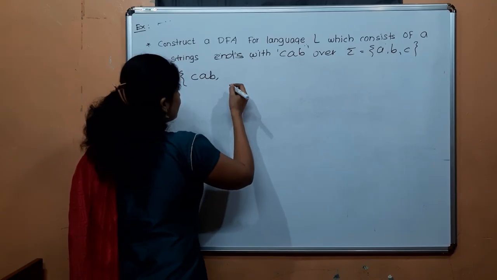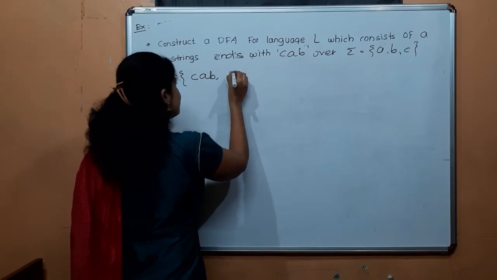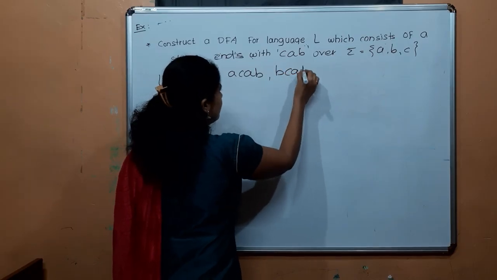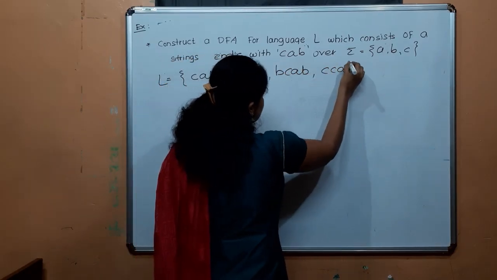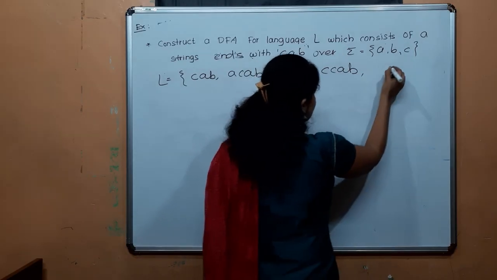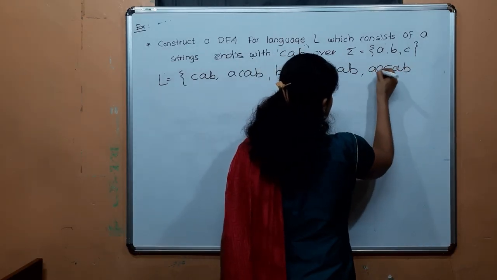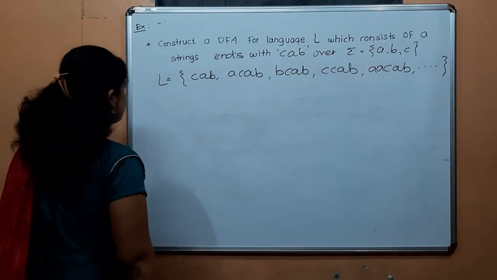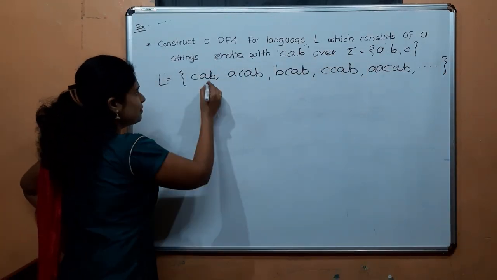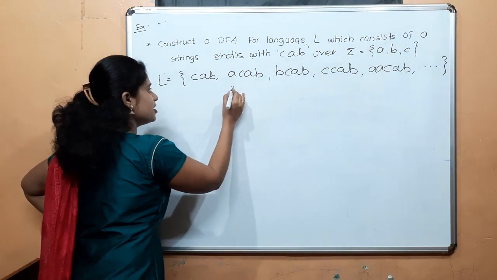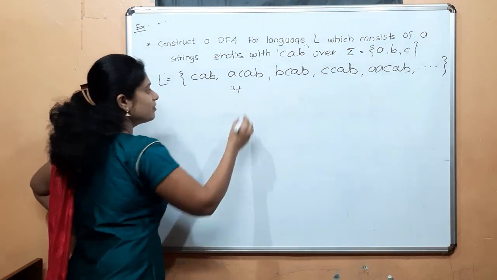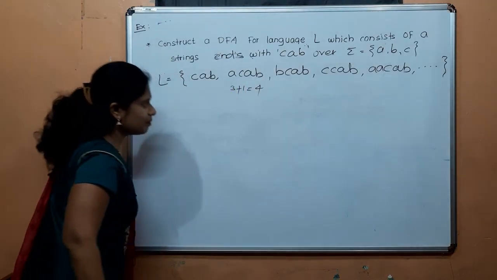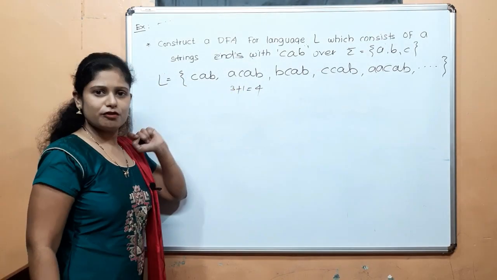So the string either starts with A or B or C, and ends with CAB. We can write combinations and so on. See here, transition diagram. The minimum string has length 3. Then we can add 1 to it. Therefore, the total number of states present in the transition diagram will be 4.